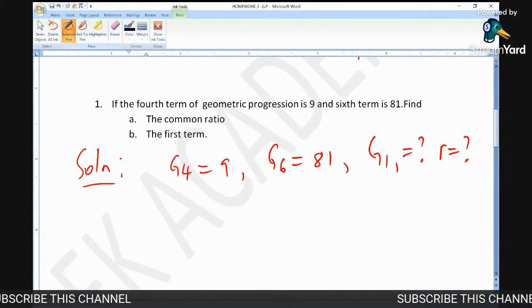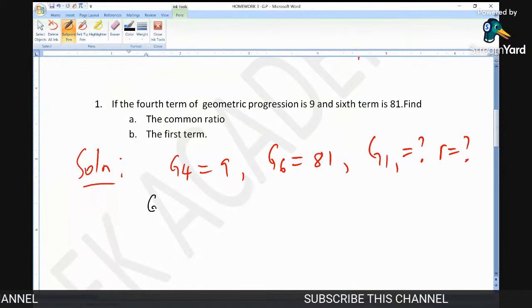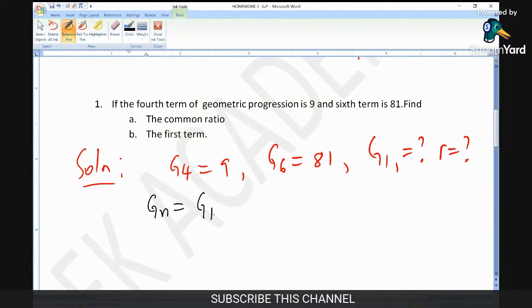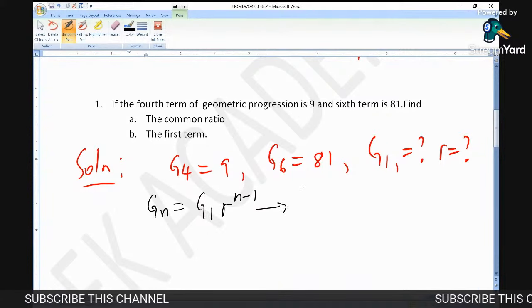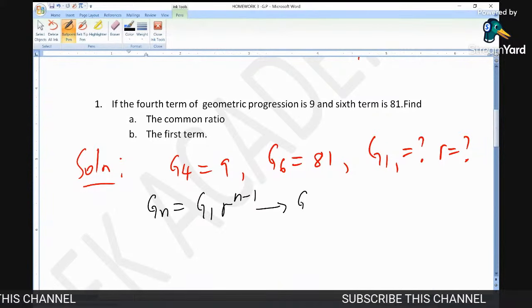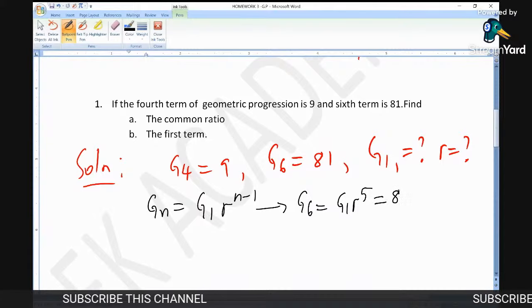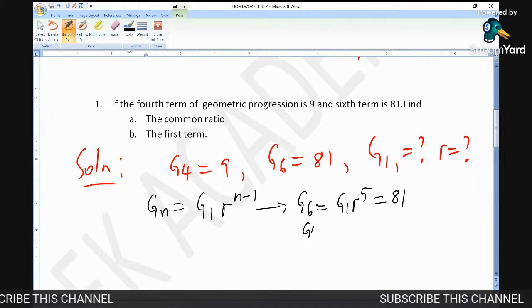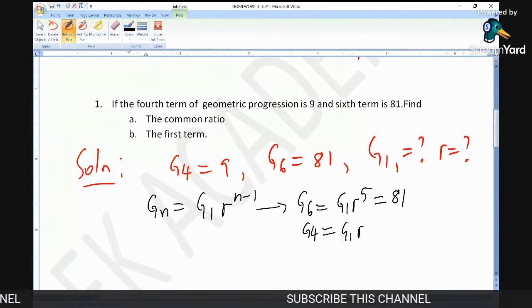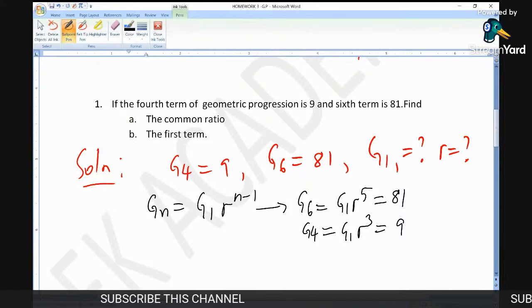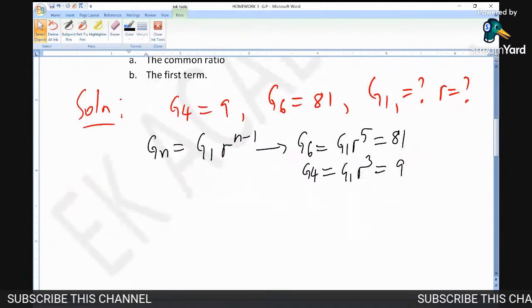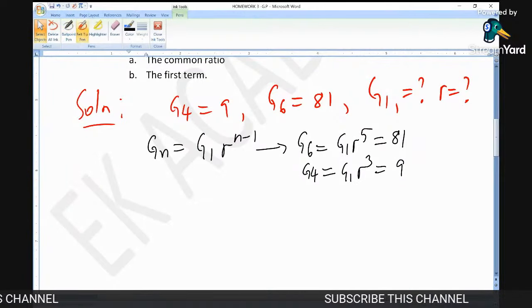So we go straight to the formula that Gn equals G1 r exponent n minus 1, meaning that G6 equals G1 r power 5, and this equals 81. G4 equals G1 r power 3 equals 9.